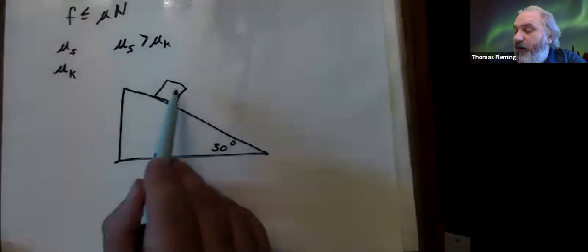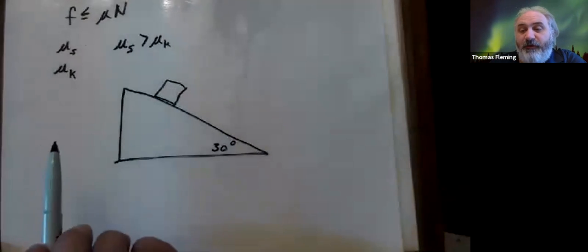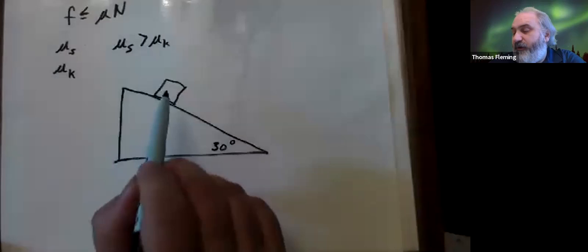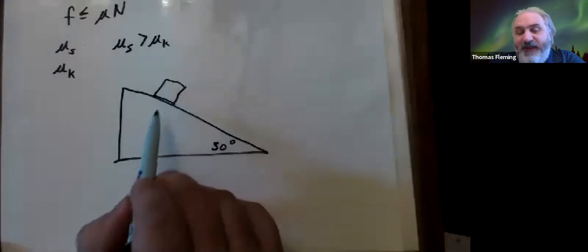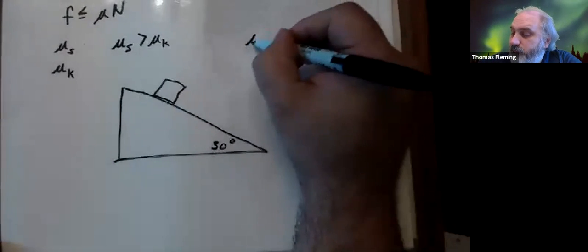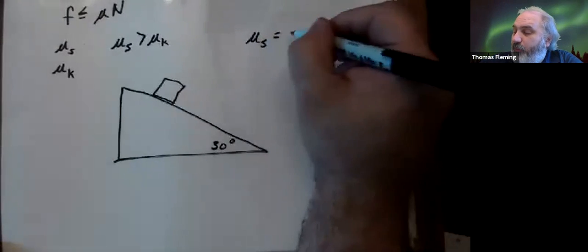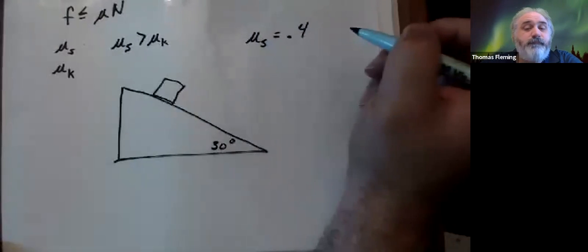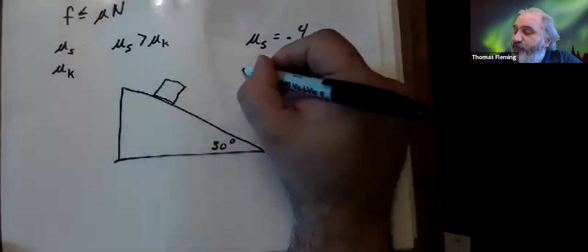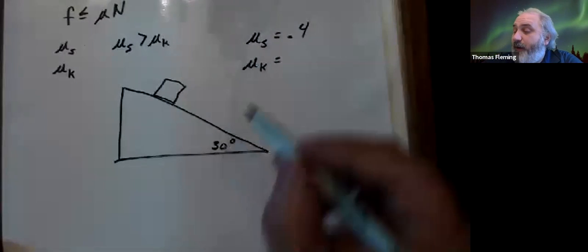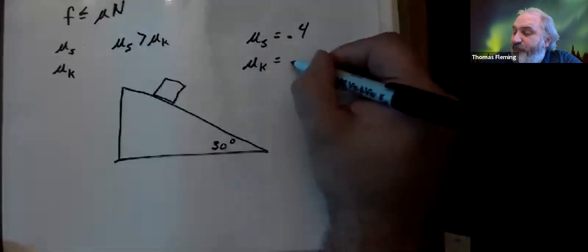However, this object is made out of a material such that the coefficient of static friction between this object and the ramp is equal to 0.4, whereas the coefficient of kinetic friction between that object and the same ramp is, let's go with half of that, 0.2.